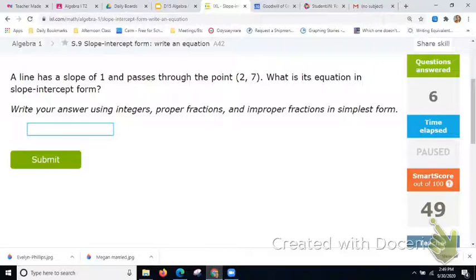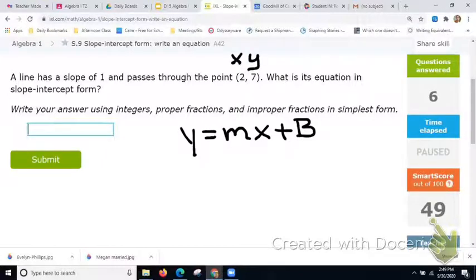So this is the slope and a point. I would say start with your slope-intercept form, write it down. Over here I have 2, 7, so this is an x and a y, and I know this is m because he's the slope. So 7 is going to get put here where the y was.